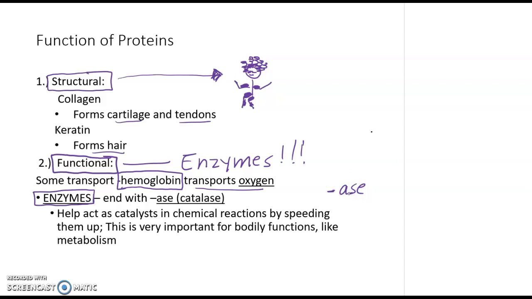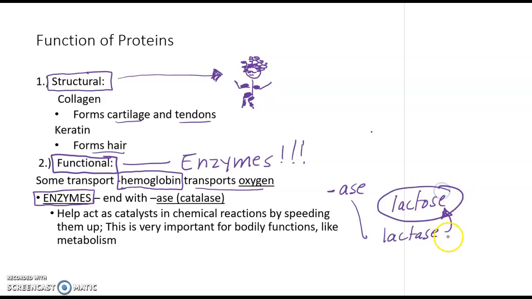So, for example, we have the sugar lactose, and the enzyme lactase is what breaks down the sugar lactose. So if you're lactose intolerant, it's because you don't actually make the protein lactase, so you can't break it down.